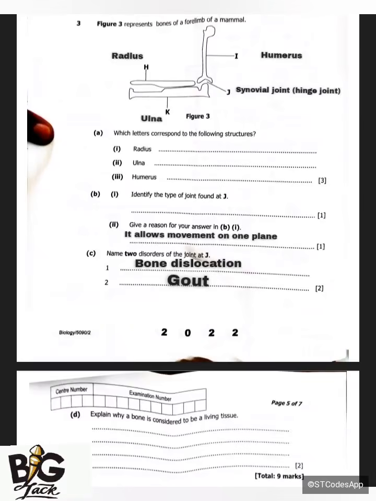Okay, so let's move on to the next one, which is question D. Question D is saying, explain why a bone is considered to be a living tissue. 2 marks. I'm going to say a bone is considered to be a living tissue because it contains living cells.